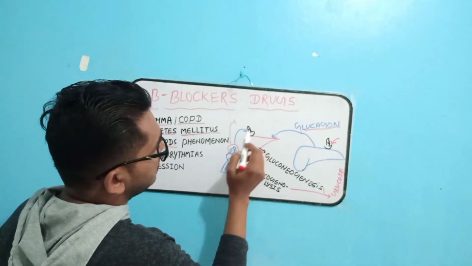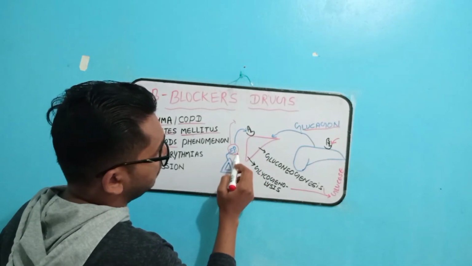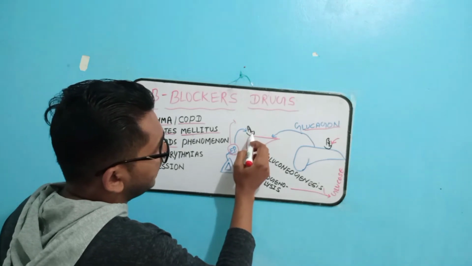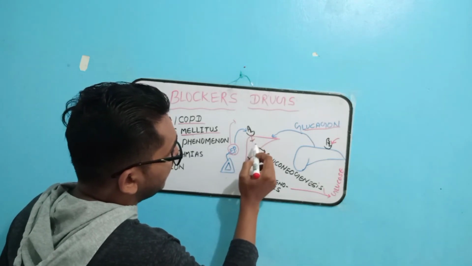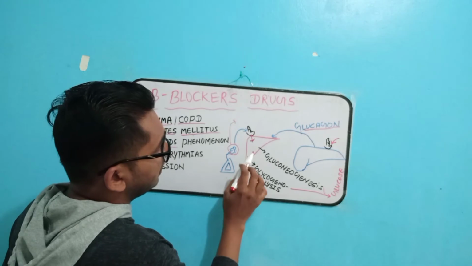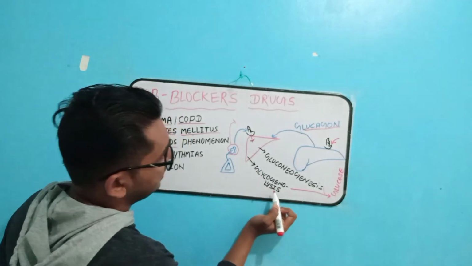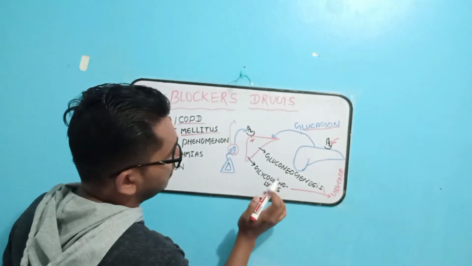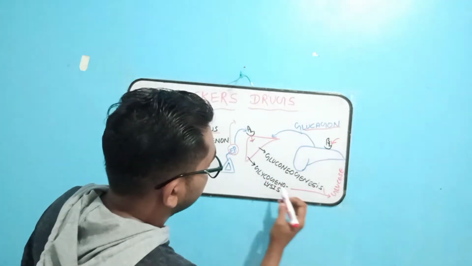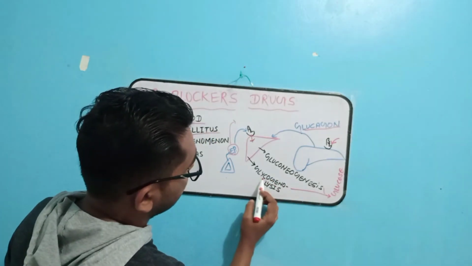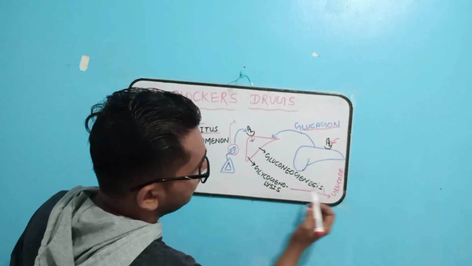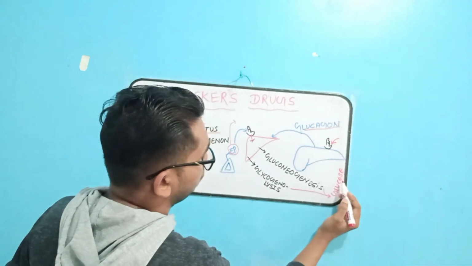When this beta 2 receptor is stimulated by epinephrine, it stimulates the hepatocytes in the liver, and that leads to glycogenolysis, the breakdown of glycogen, which produces glucose.